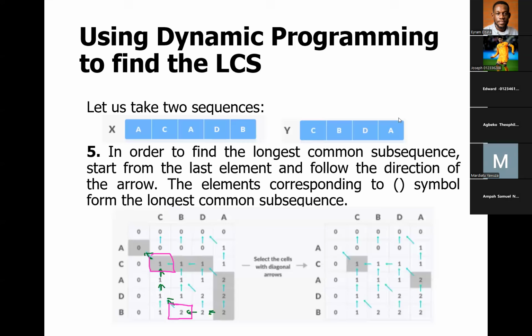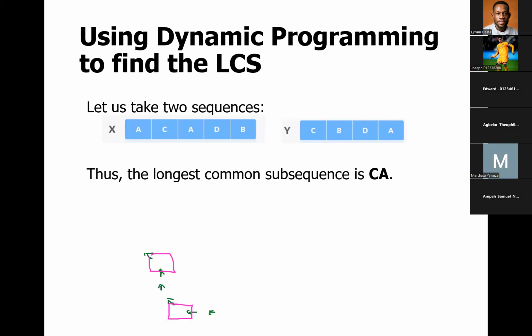Any question? When you go online, there are videos on this, simple ones you can watch with different examples to understand the longest common subsequence. Please, I have a question. Okay, yes, Edward.